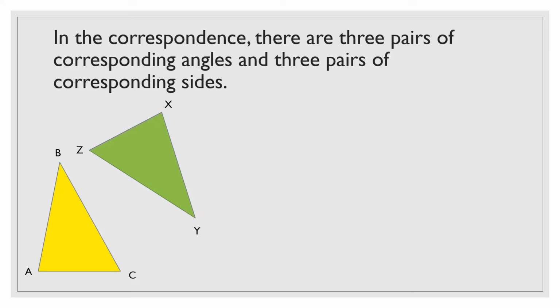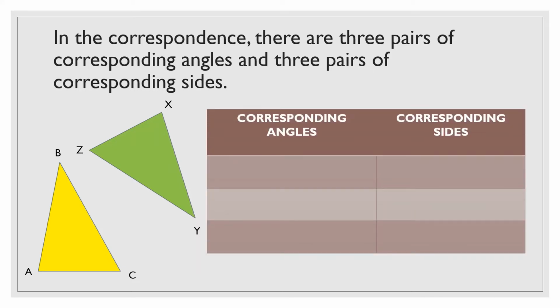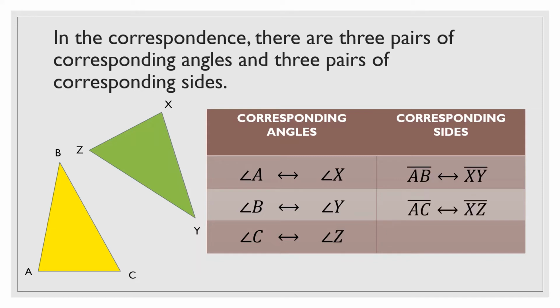So using the given figure, the corresponding angles are angle A corresponds to angle X, angle B corresponds to angle Y, and angle C corresponds to angle Z. And the corresponding sides are side AB corresponds to side XY, side AC corresponds to side XZ, and side BC corresponds to side YZ.